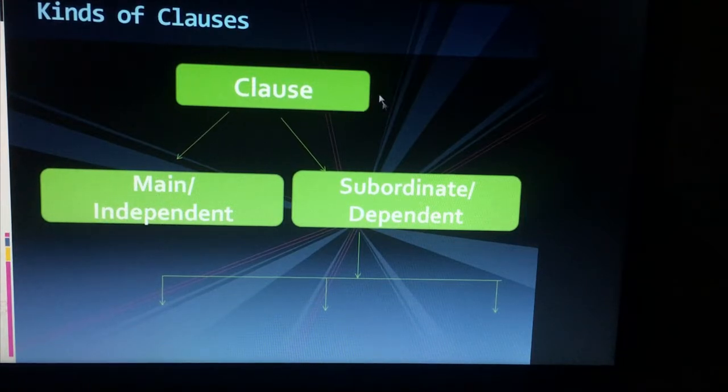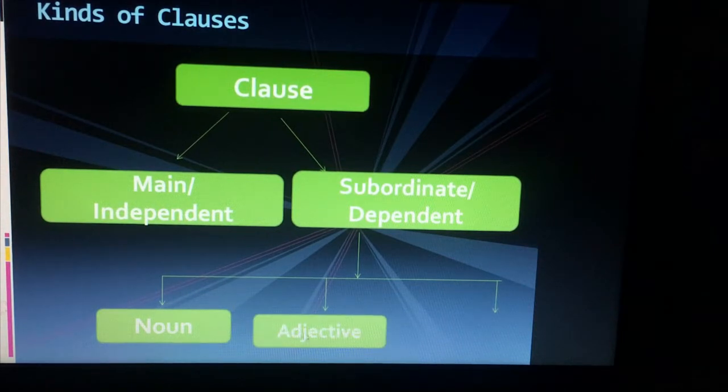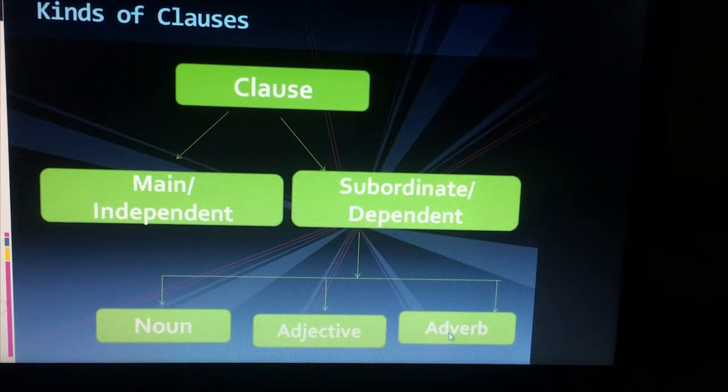We can then subclassify this subordinate or dependent clause into noun clause, adjective clause, and adverb clause. So we are going to learn about these three kinds of clauses today: noun clause, adjective clause, and adverb clause. Okay, so let's start.